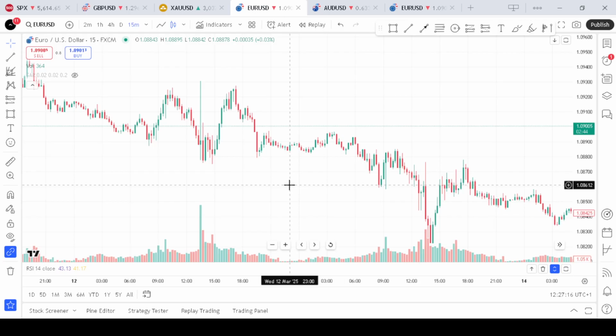So we start by understanding the concept, and let's dive deep into what the stop and reverse strategy actually is. The stop and reverse strategy, or SAR, is a trading strategy with a powerful approach that goes beyond the traditional stop loss method.